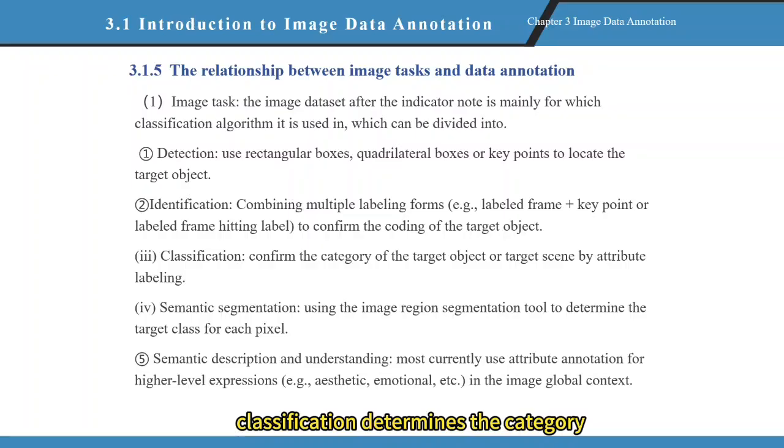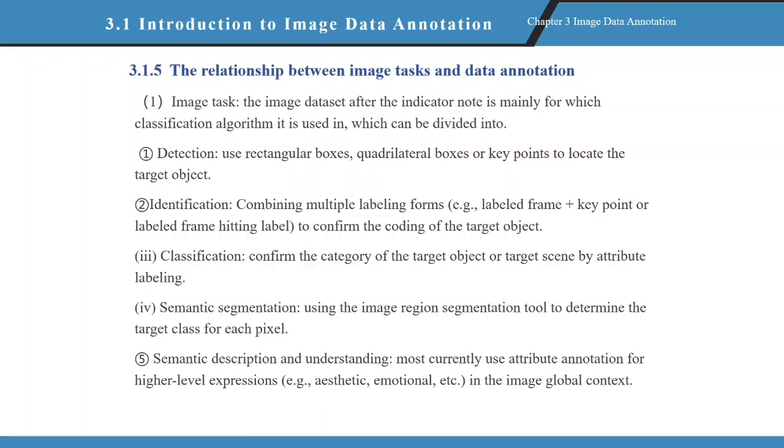Classification determines the category of the target object or scene through attribute labeling. Semantic segmentation uses an image region segmentation tool to determine the target class for each pixel. Semantic description and understanding mainly use attribute annotation for higher-level expressions like aesthetic or emotional aspects in the overall image context.